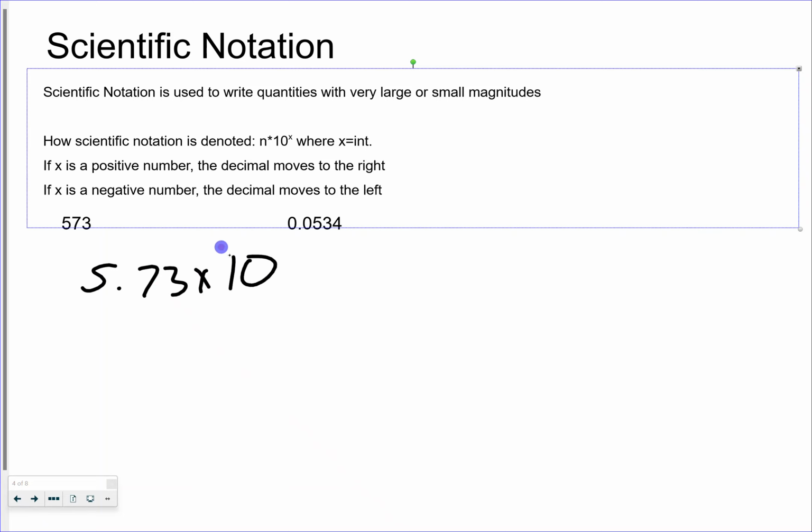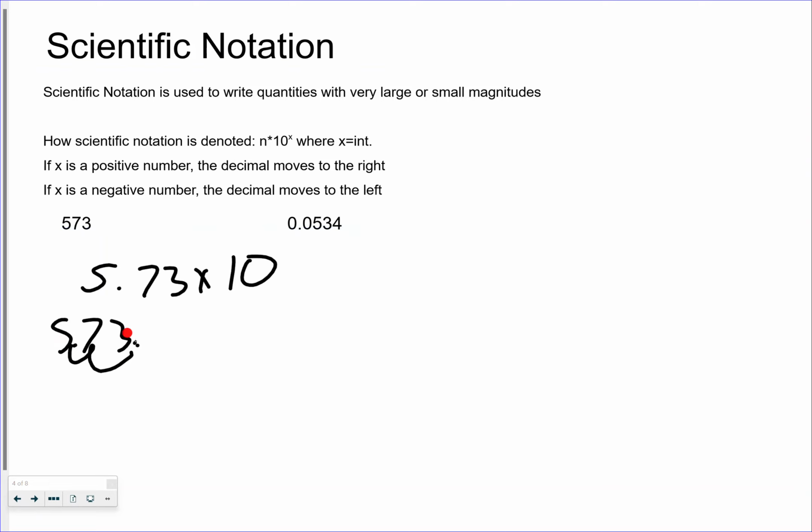If x is a positive number, that means the decimal moves to the right. Our original number was 573. So in order to get that, we would have to move the decimal 2 places to the right. So it would be 5.73 times 10 to the positive 2.